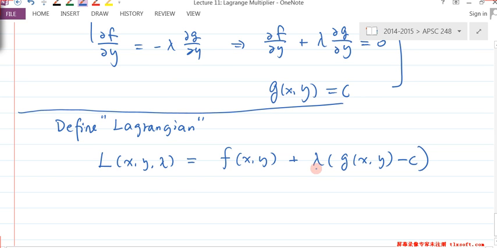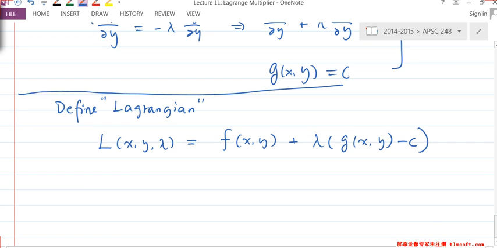So now the original problem of finding min or max becomes a new problem. The original min and max subject to a certain constraint becomes a simpler one: what would be the min or max for the L here, for L.